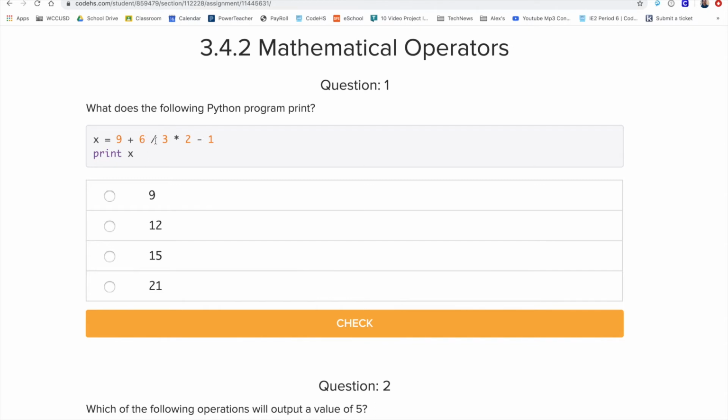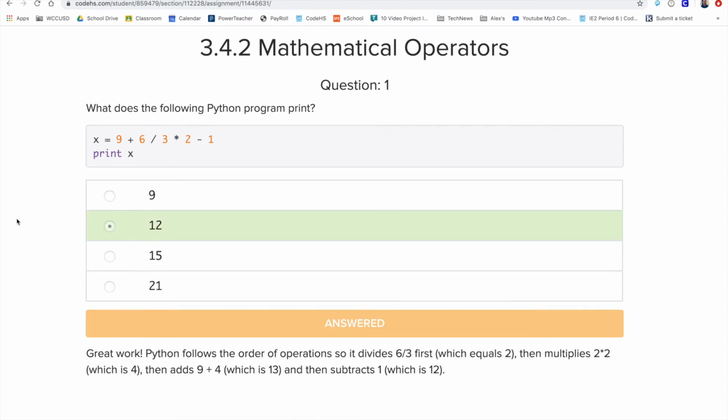So we'll start with the division. 6 divided by 3 is 2. Then 2 times 2 is 4. And then 9 plus 4 is 13, minus 1 comes out to 12. It'll be a lot easier to do on paper, right? But if you want to take a look at this one, you have this little explanation right here.